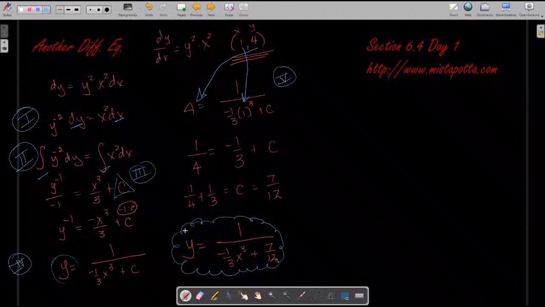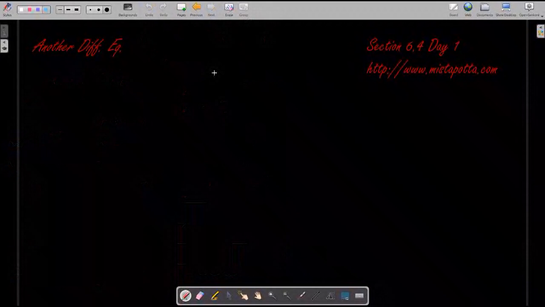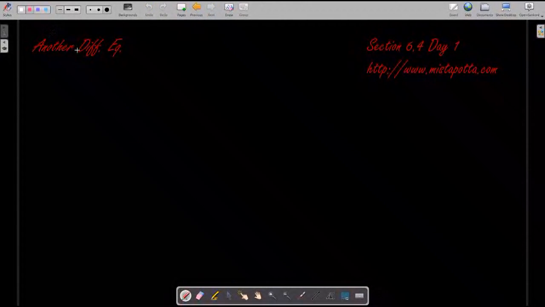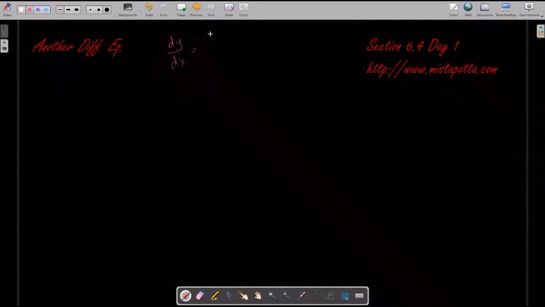I want to do one more example. And so what I'm going to do is come up with this differential equation here. I've got dy dx is equal to x over y.